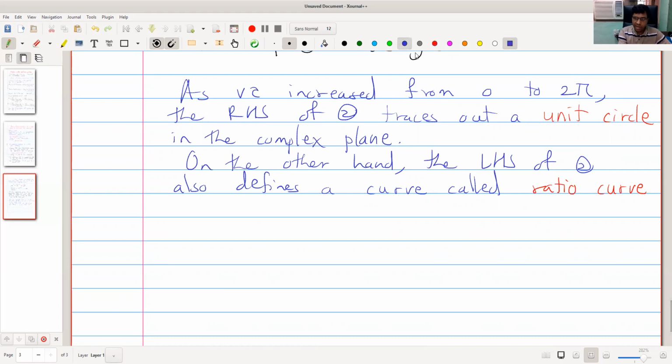We call the left hand side the ratio curve. Okay, it is parametric in v. So if we vary v, it traces out a curve in the complex plane.